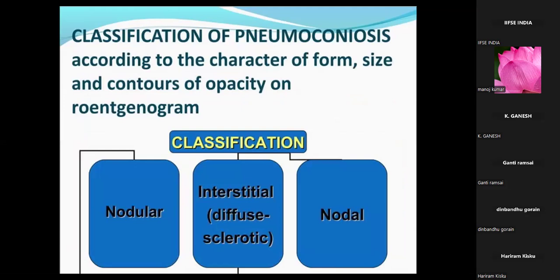Now, classification of pneumoconiosis depending upon the character, form, size, and contours of opacity on the roentgenogram, that is, like an X-ray. The classification is nodular, interstitial, diffuse, or nodal. So these are different types of classification, whether it forms nodules, or is independent, or diffuses into the interstitium or other parts of the body.